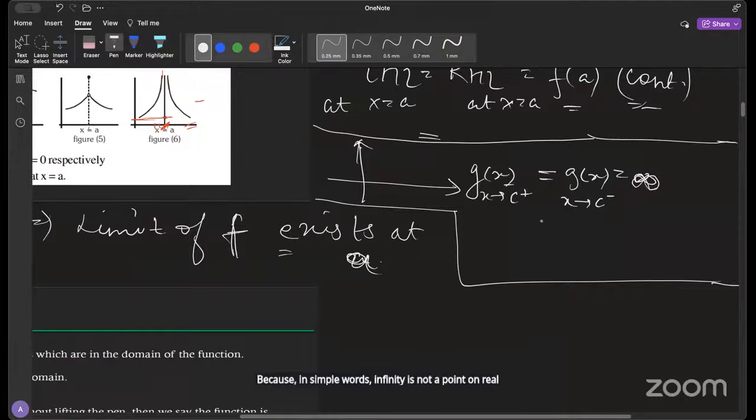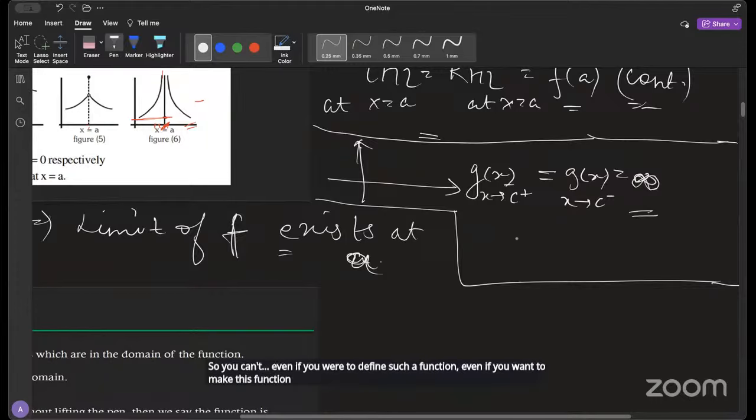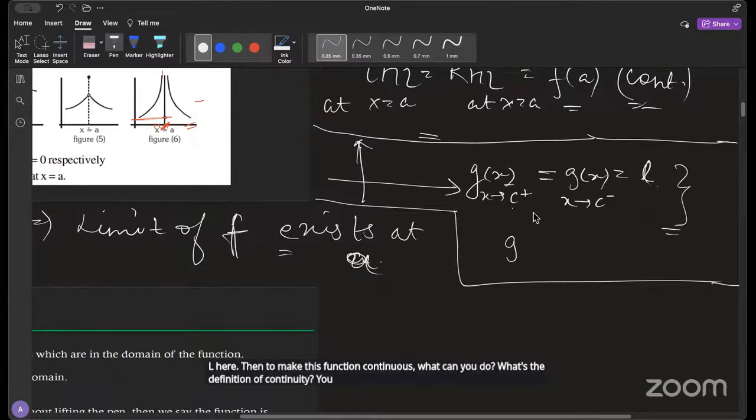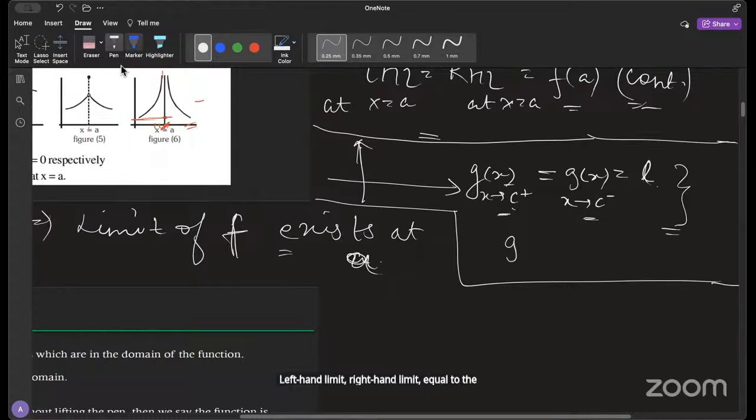That's the problem. So even if you were to define such a function, even if you want to make this function continuous forcefully, how can we make this function continuous? Let's say instead of infinity, you have L here, then to make this function continuous, what can you do? What's the definition of continuity? You want left-hand limit, right-hand limit equal to the function's value, right?